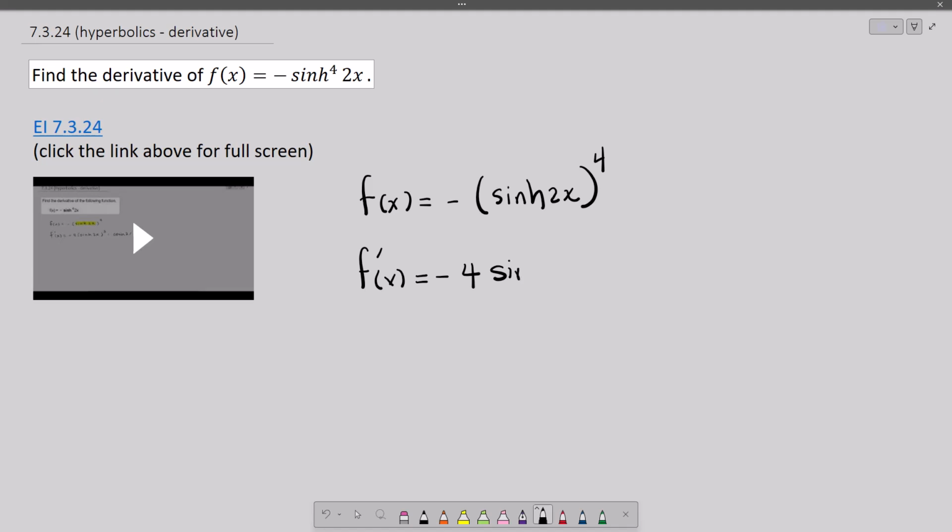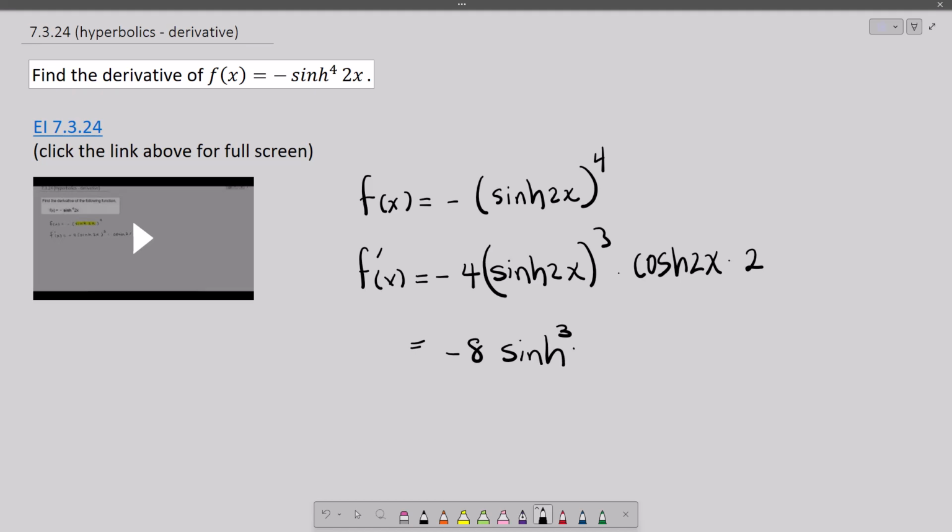And then this becomes sinh of 2x cubed. You bring the power down, subtract 1, and now it's a little bit more in your face that we need to differentiate the base. The derivative of sinh is cosh. And then we have to differentiate the angle and get a 2. So when all is said and done here, we're going to get minus 8.